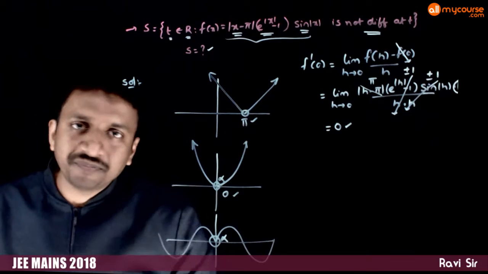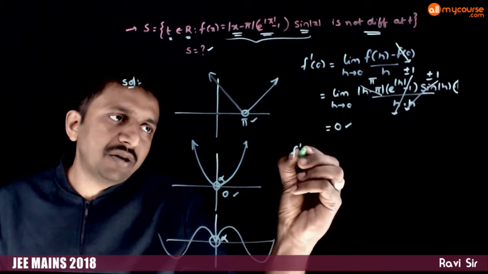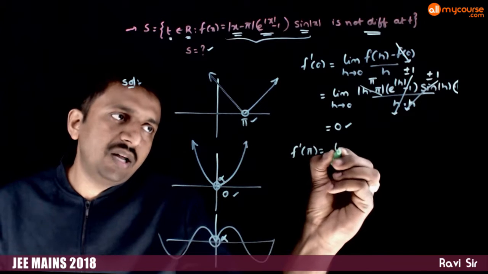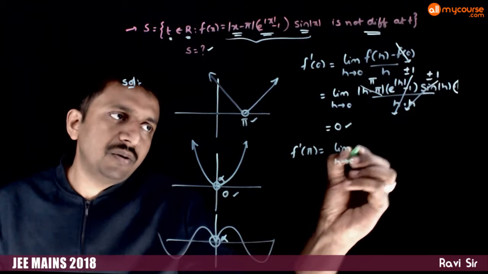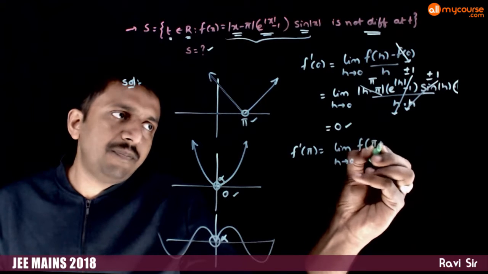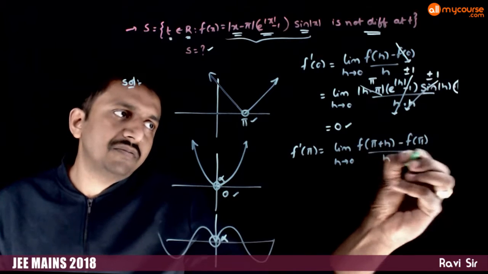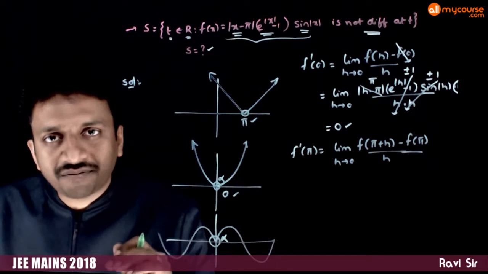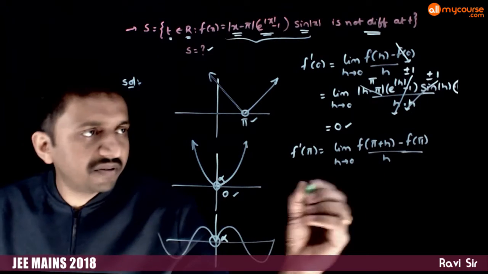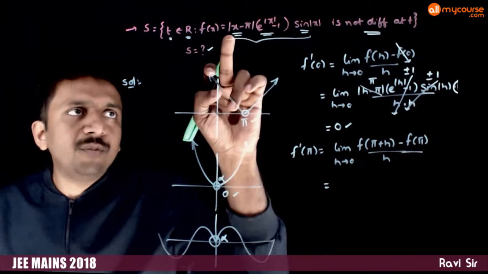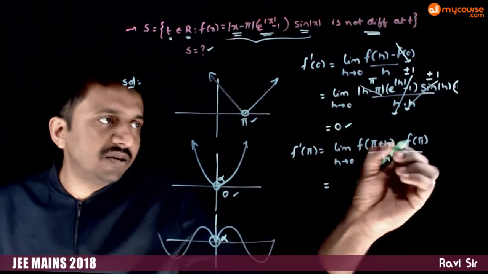Now let us go to pi. So f'(pi) is equal to the limit as h tends to 0 of (f(pi + h) - f(pi))/h. If this limit is defined, then the derivative is defined. So what is f(pi)? If you put x equal to pi, again you are getting 0.